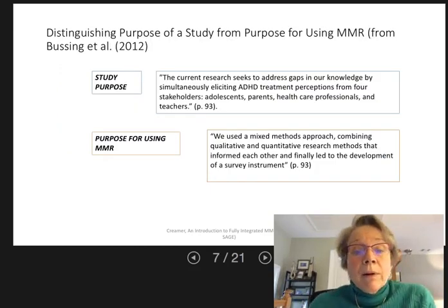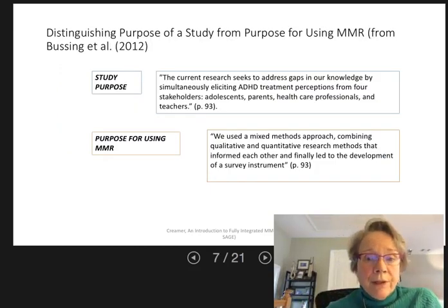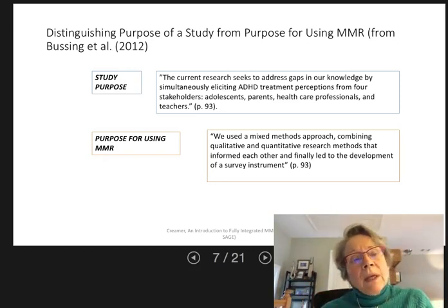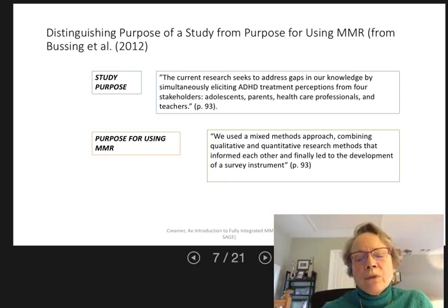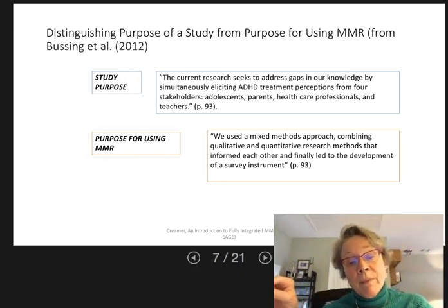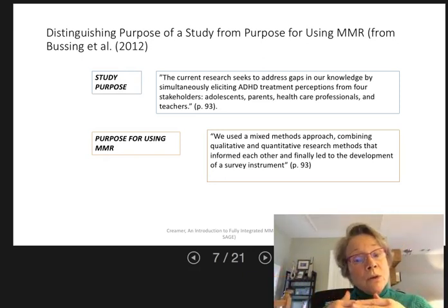One of the tricky parts about distinguishing the rationale, and it's a very subtle thing, is when you study the Greene, Caracelli, and Graham article, you'll see that they use language that goes between the purpose of mixed methods and the purpose of mixing, and they're really using them as the same thing.